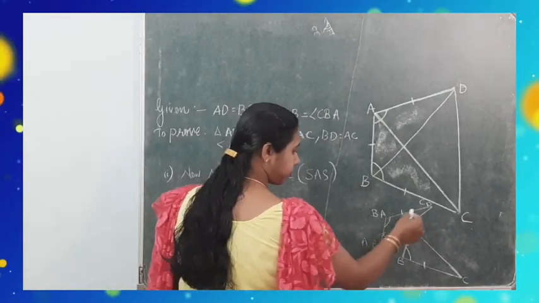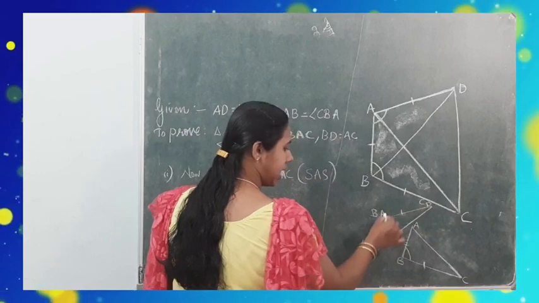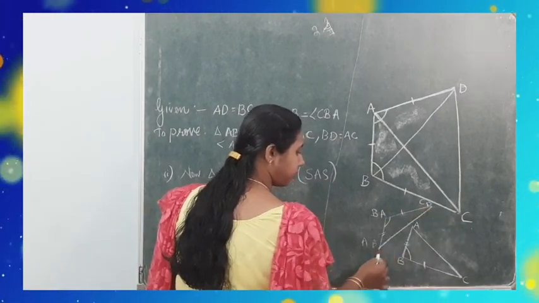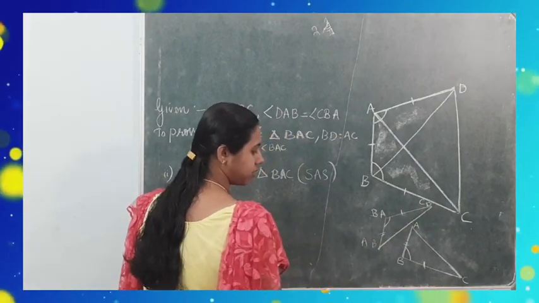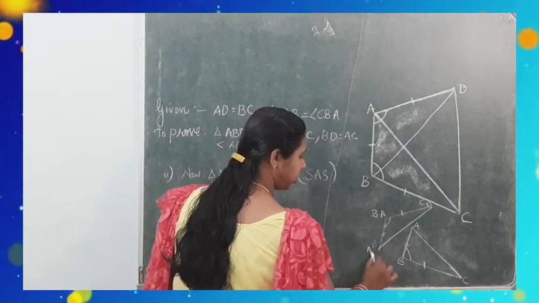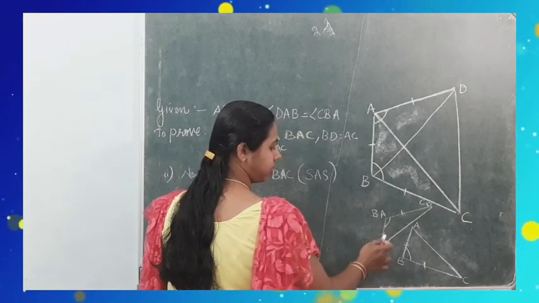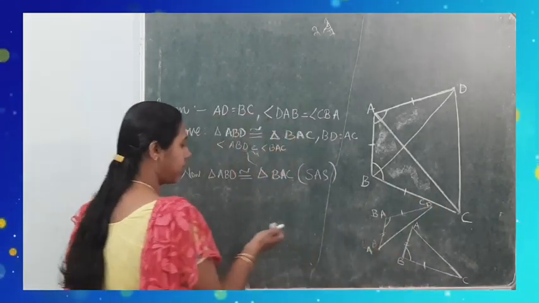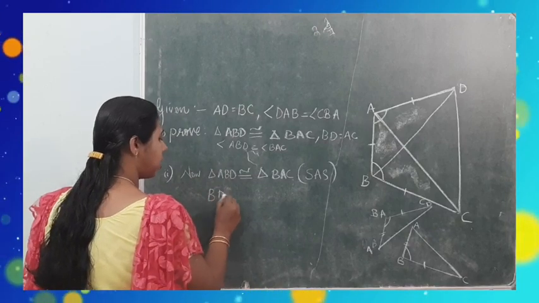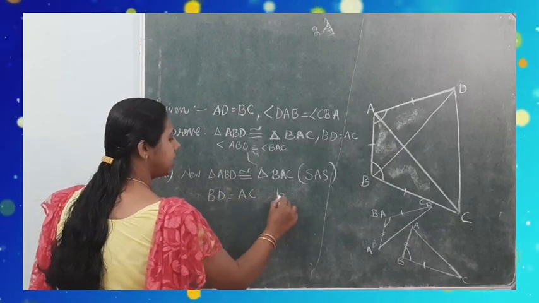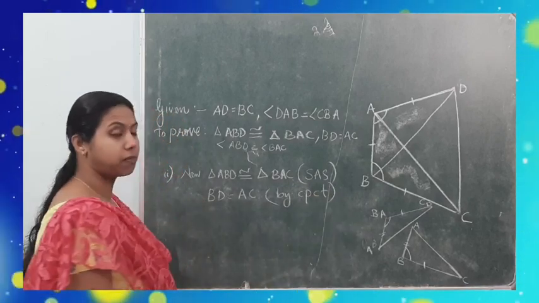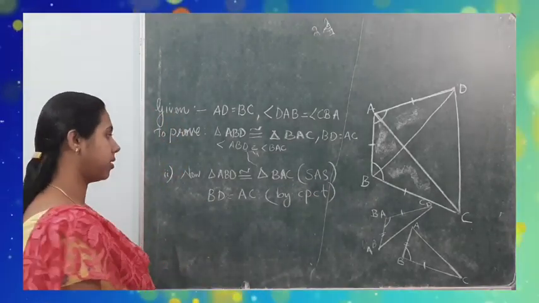So at that time AD is equal to BC, AB equal to BA, and BD is equal to AC. So BD equal to AC by CPCT, corresponding parts of congruent triangles.